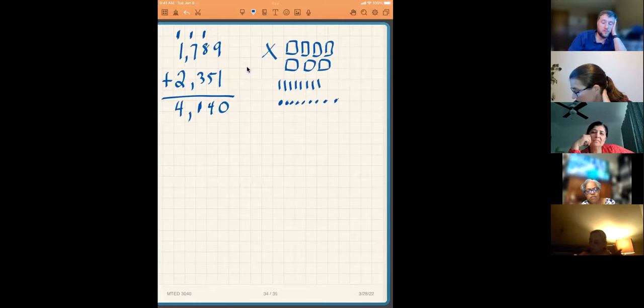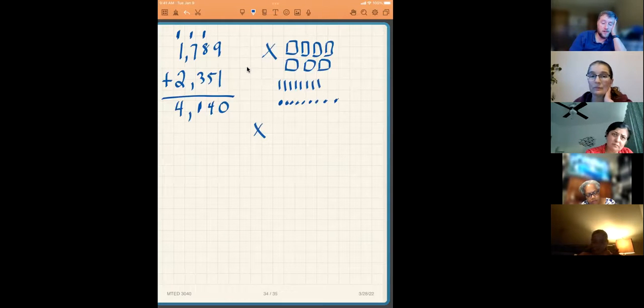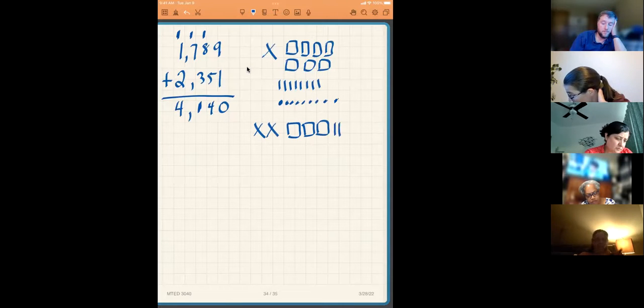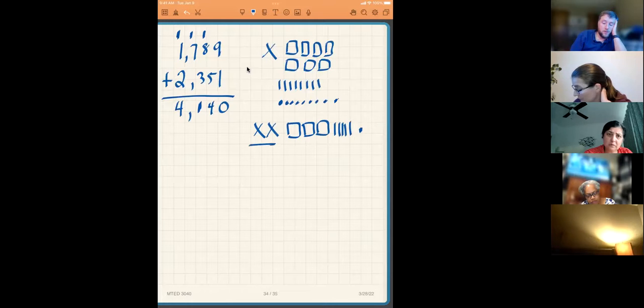So that's a way to represent that first number. The second number I would represent like this. Two thousands, 300s, 5 10s, 1 1.